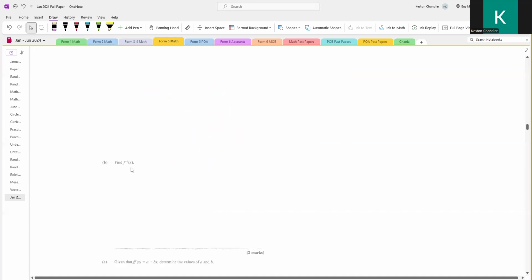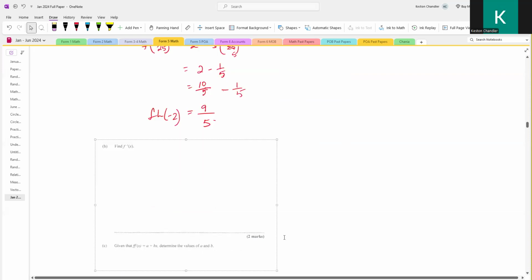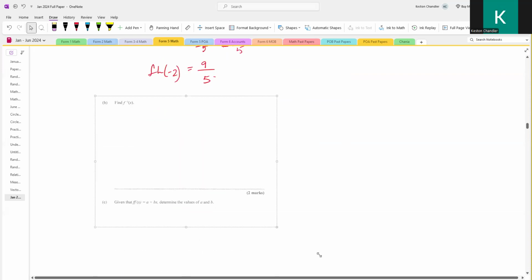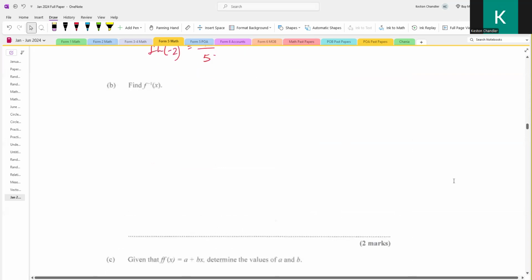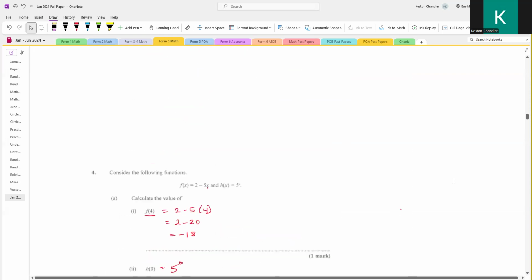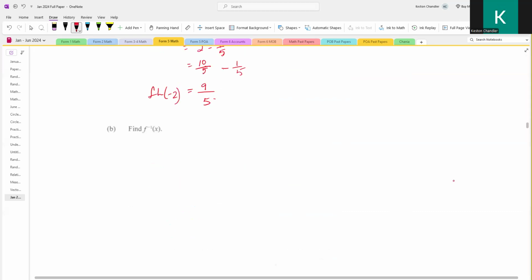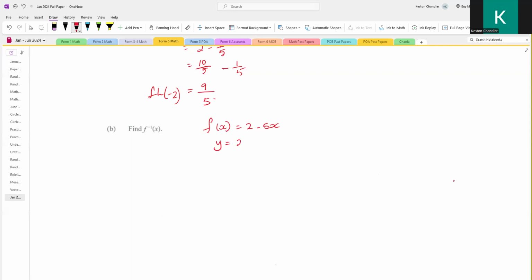They want us to find f inverse of x. So remember our steps. Let's write f of x. f of x is equal to 2 minus 5x. Our next step is to replace f of x with a y. Next step is to interchange positions. So wherever we have x, we write a y.